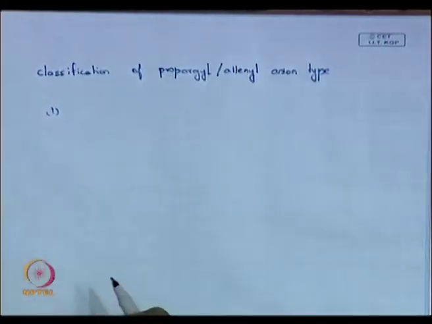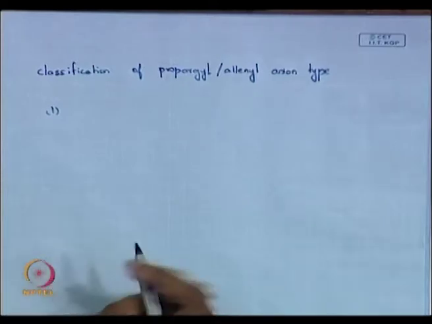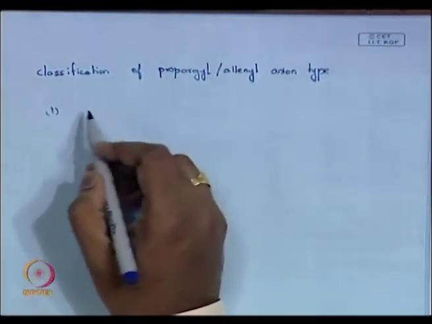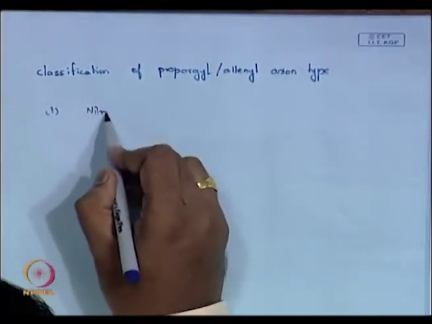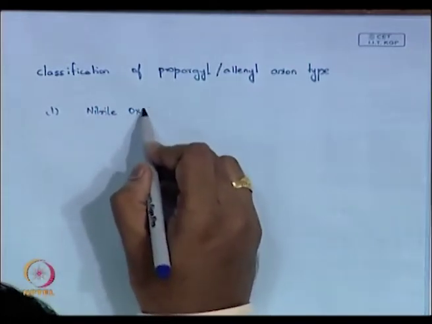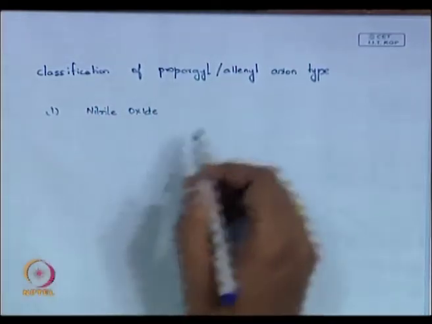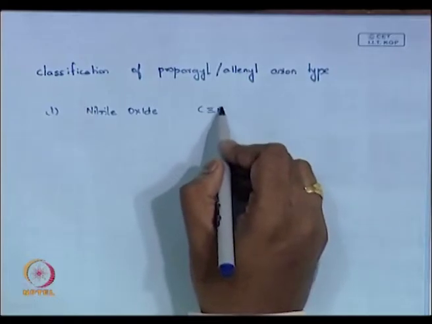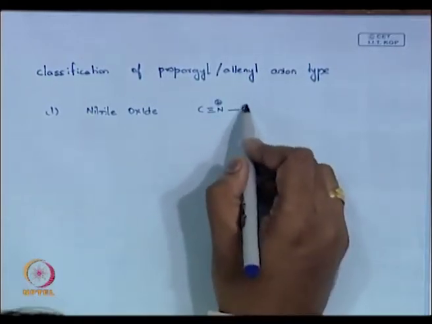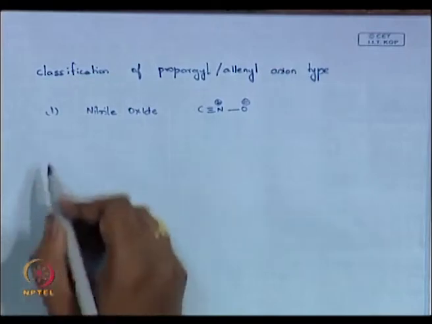Anything comes to your mind? Any compound? When I talk about propargyl: nitrile oxides, because you can do many things with nitrile oxides. Many reactions you have studied with nitrile oxides.